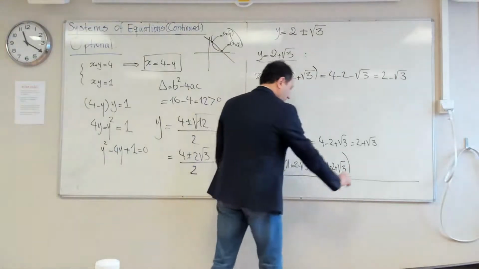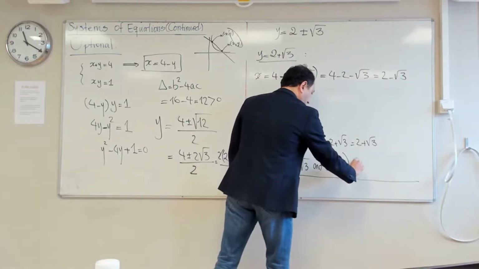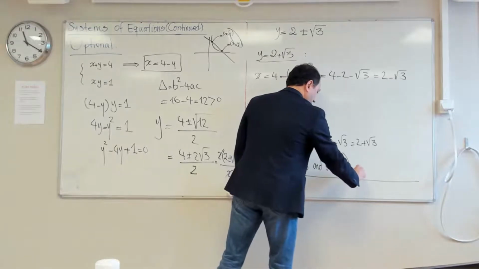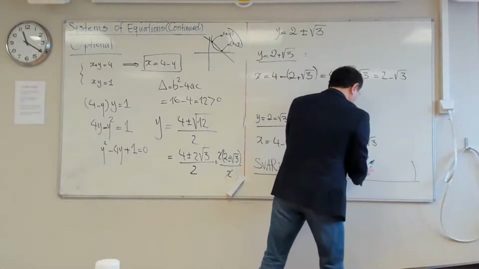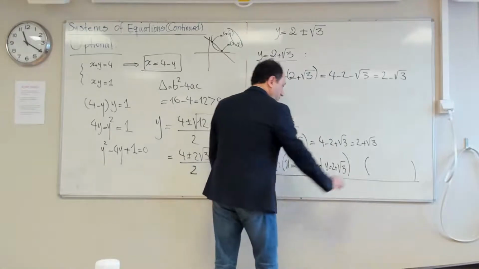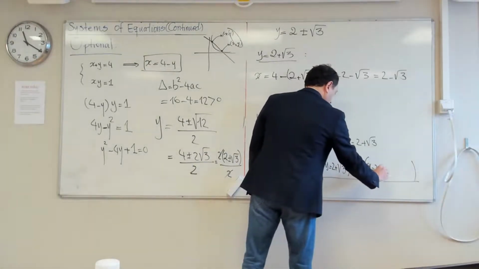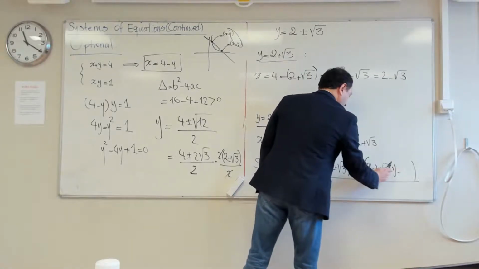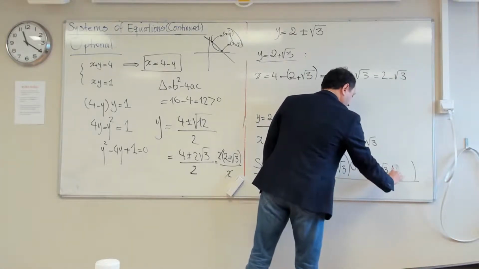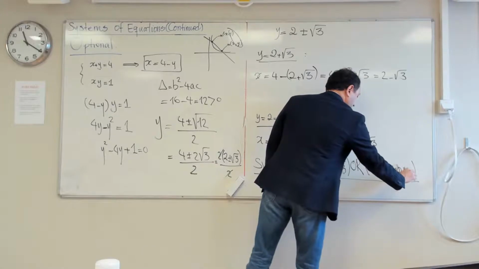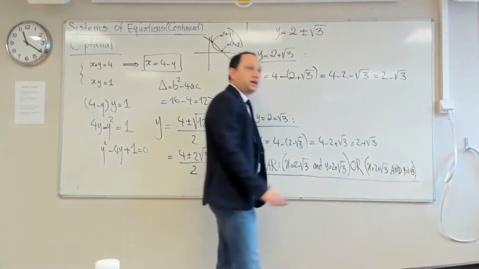The second one, what is this? Another bracket, or. And then x equals 2 plus the square root of 3, and y is equal to 2 minus the square root of 3, and that's the end of the problem.